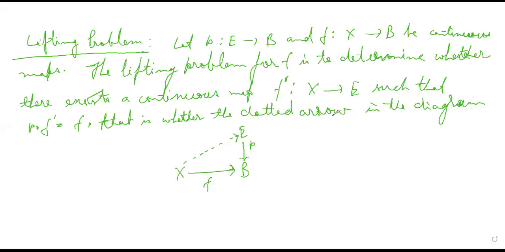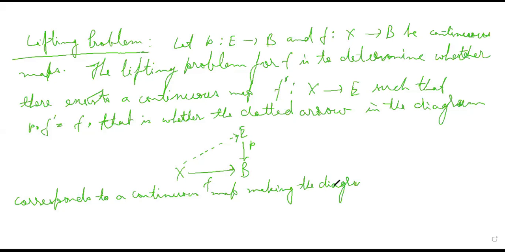That is, whether the dotted arrow in this diagram corresponds to a continuous map making the diagram commutative, right?